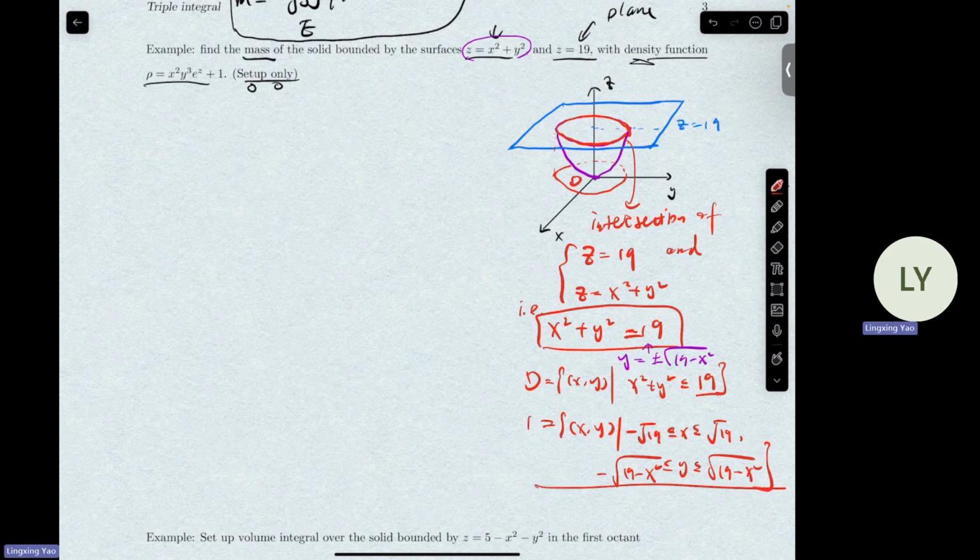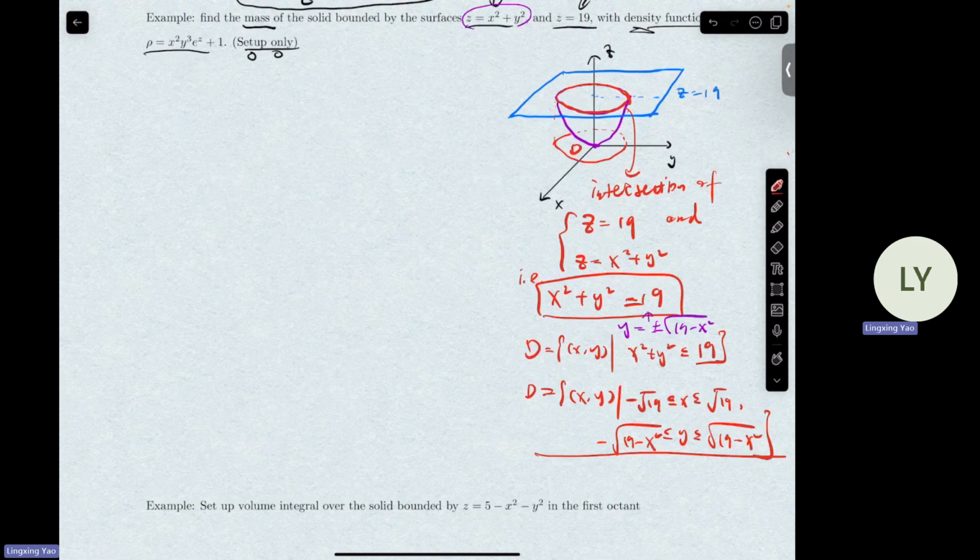So the domain D is given here. I guess it's better to write it in polar coordinates. If we write this D in polar coordinates, obviously the angle theta is between 0 and 2 pi, and r is between 0 and the square root of 19. That will be a polar rectangle.